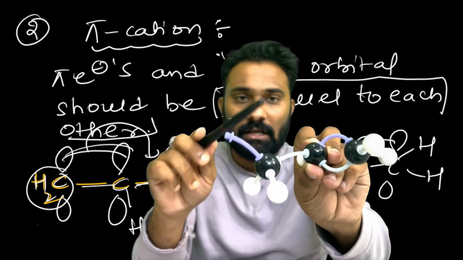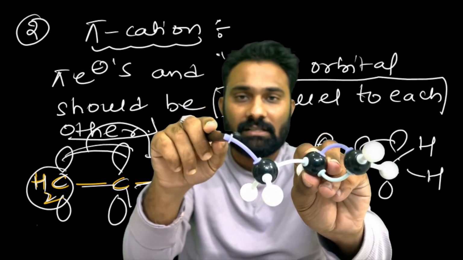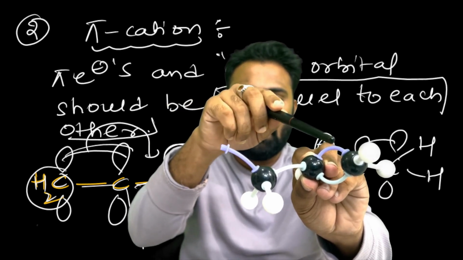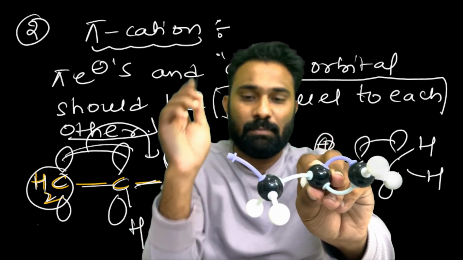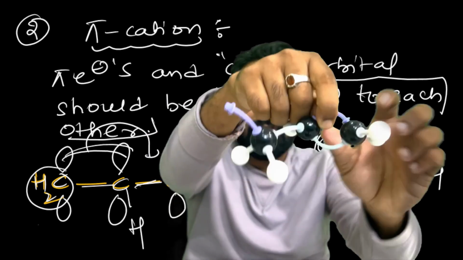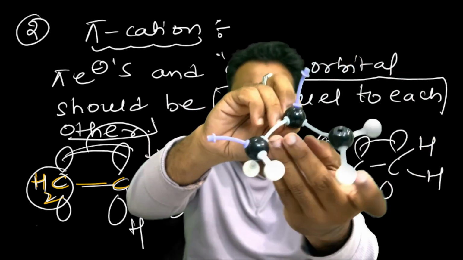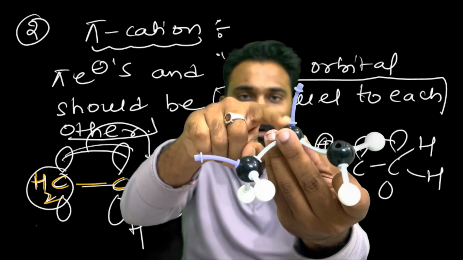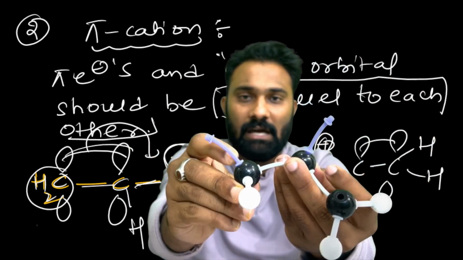With the molecular model, you may be thinking, sir, here this is in this manner and the pi bond is in this manner, so how are these two parallel, this is perpendicular. Only sideways overlapping leads to the pi bond, right? Now you see, this is one empty p orbital of the sp2 carbon, and this is another empty p orbital of the sp2 carbon.